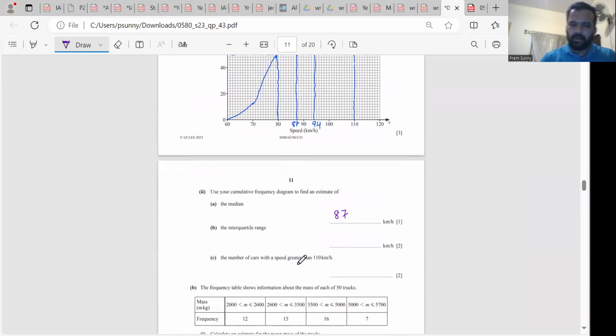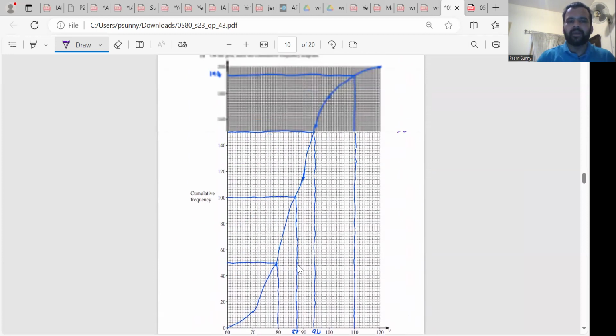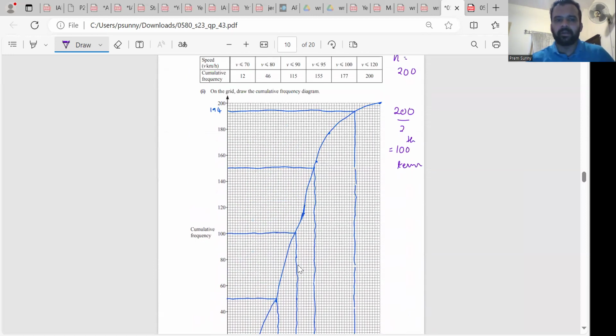Now, interquartile range. Interquartile range is upper quartile minus lower quartile. Let's start with the lower quartile. The formula is the n by fourth term. Here n is the last value of the cumulative frequency, 200. 200 by 4 is 50, so the 50th term is what we need.